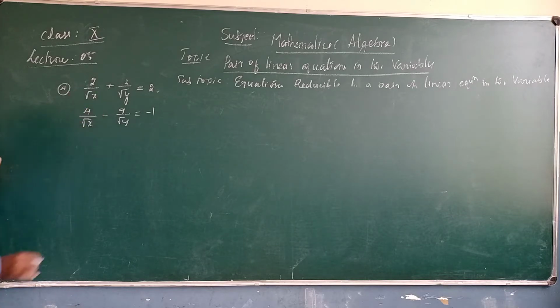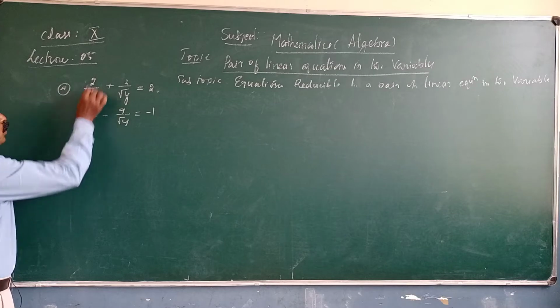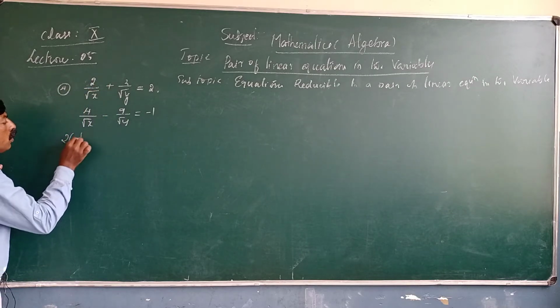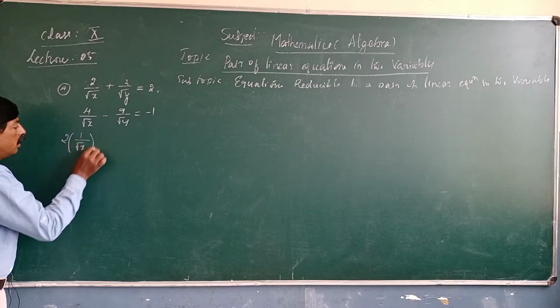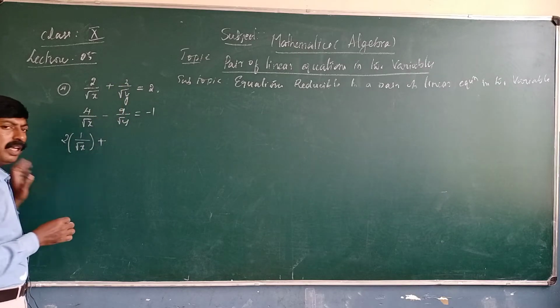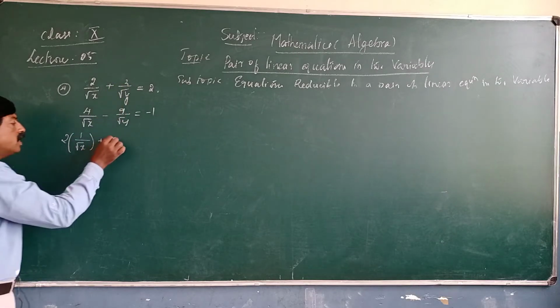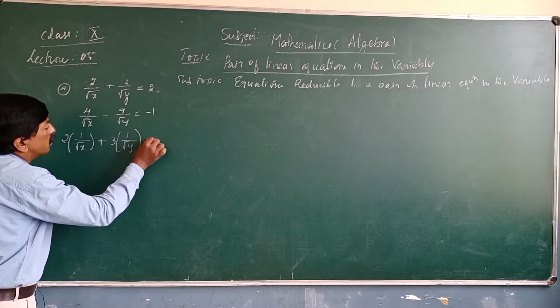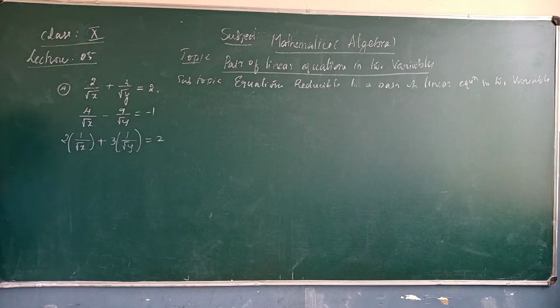Now observe this one. 2 by root x can be written as 2 times 1 by root x, plus 3 by root y can be written as 3 times 1 by root y, which is equal to 2.